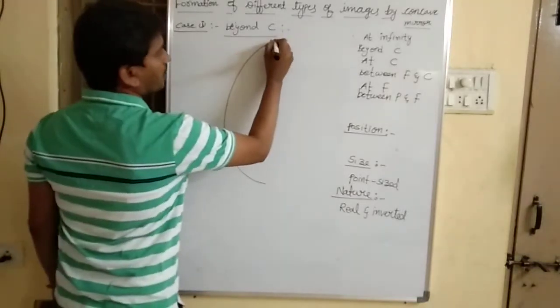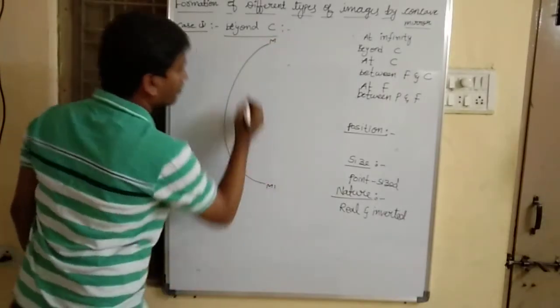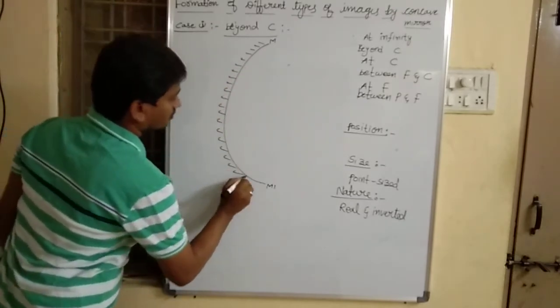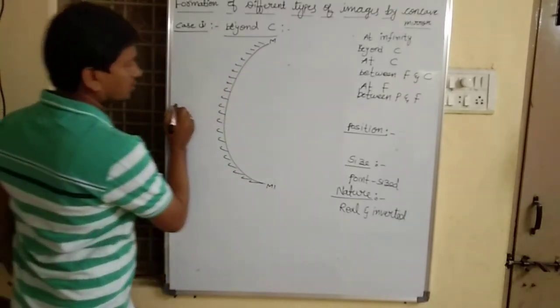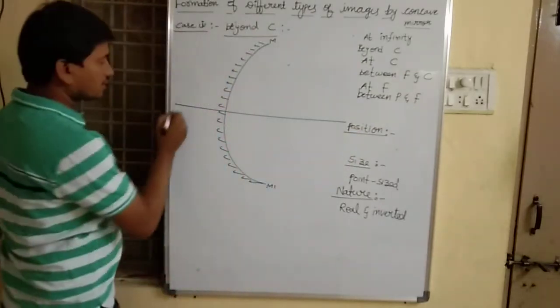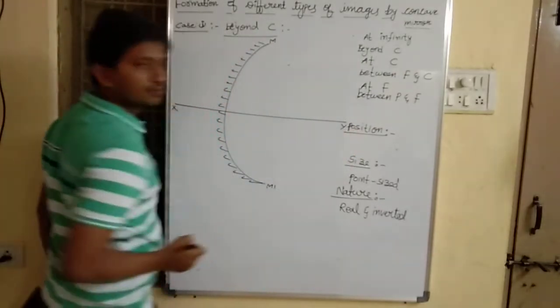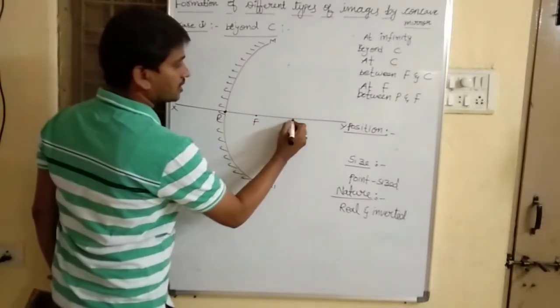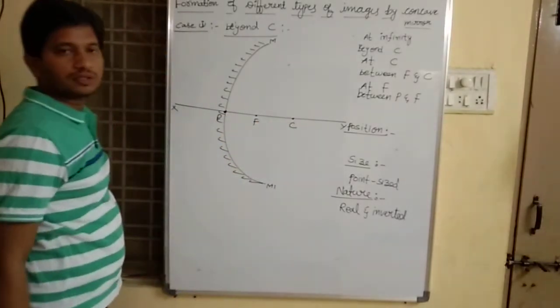This is our concave mirror, M dash. This is our principal axis, X, Y. This is our pole, focus, center of curvature.